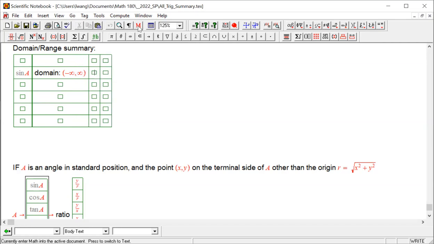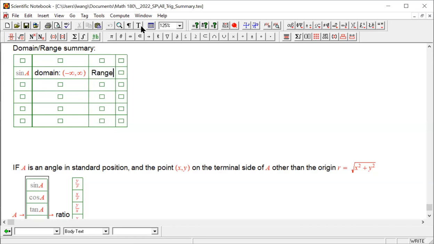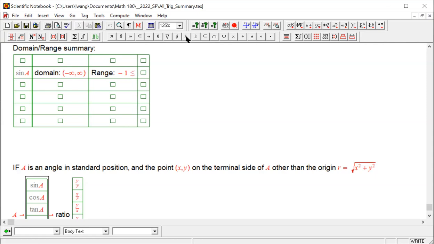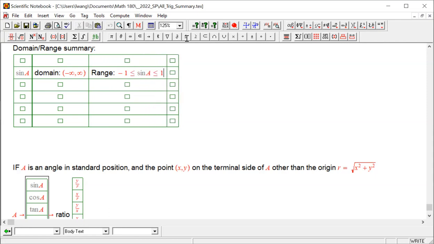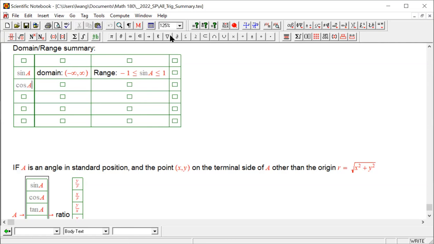Range: I'm going to use the one that I believe is the most useful, from -1 less than or equal to sine of A less than or equal to 1. This is the most useful domain range. For cosine, the domain and range are the same, just a different curve.